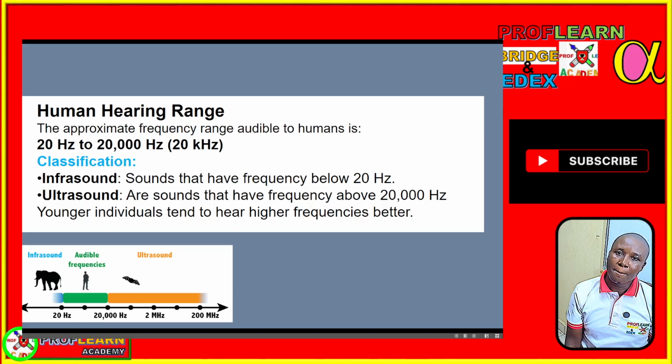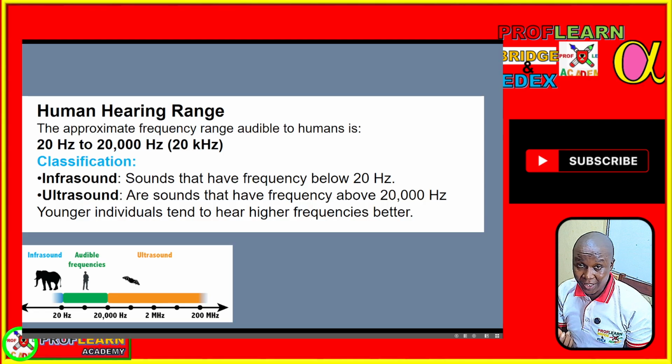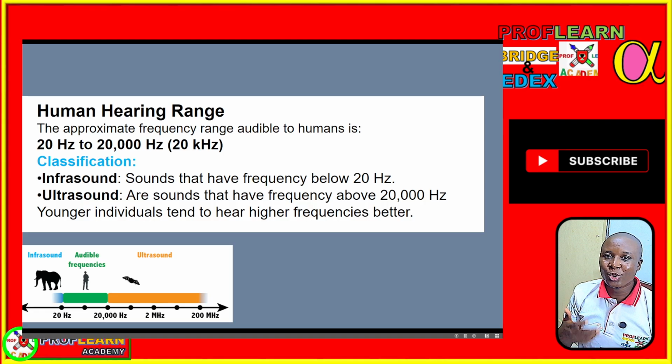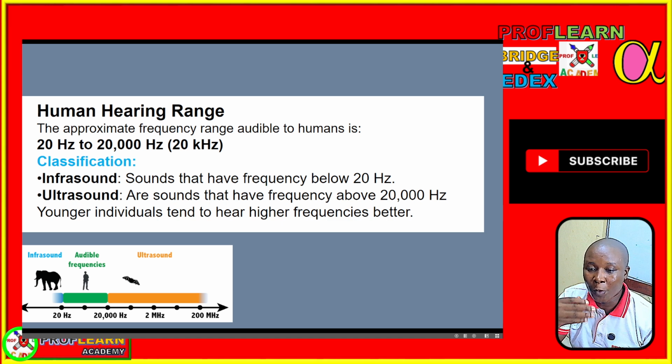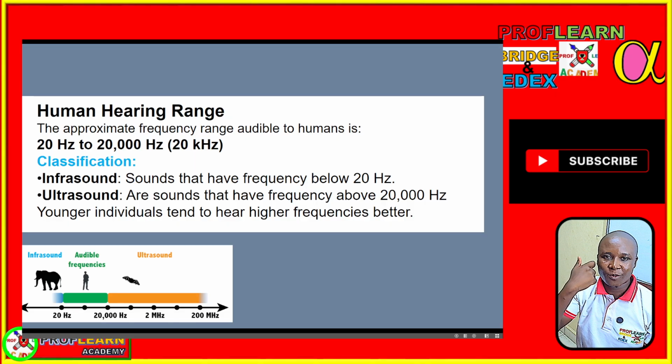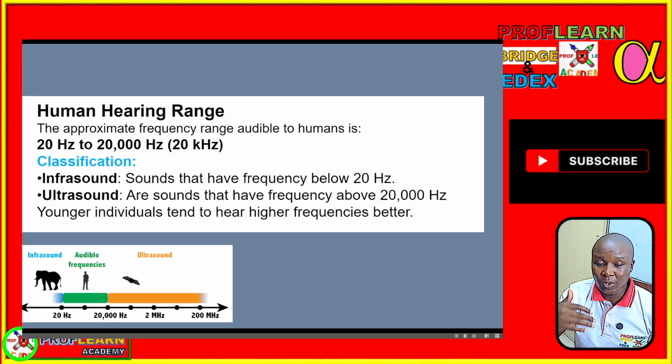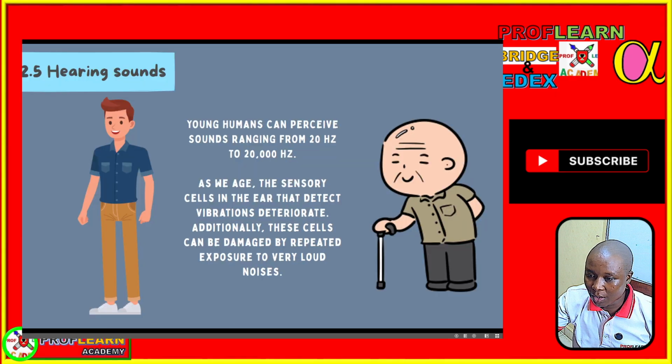By the way, bats are blind, they cannot see, but they use ultrasound to determine the distance to an obstacle. They send a sound, and once it's reflected back to them, they can gauge the distance so that they can avoid that obstacle.